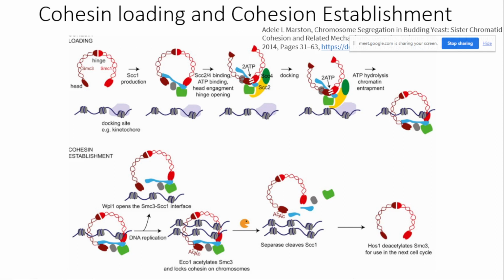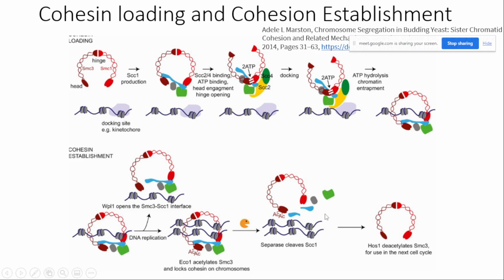Okay, so the life of SCC1: it will start synthesizing in late G1, and it will lead to the cohesin recruitment to the chromosome. And after anaphase has started, SCC1 will be cleaved by the separase and it will be turned over.